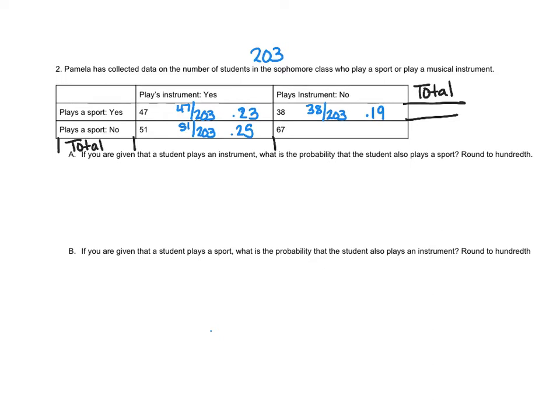And lastly, 67 over 203 is 0.33. So when we total everything, this is going to be 0.48.